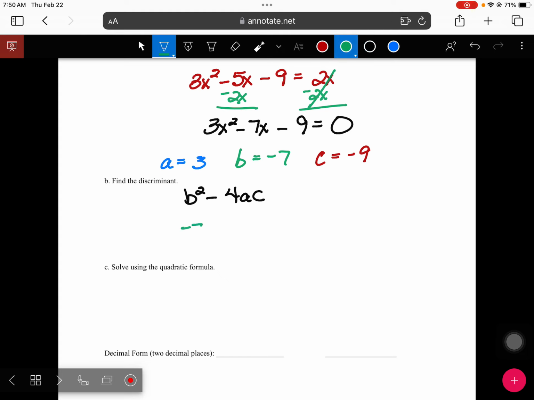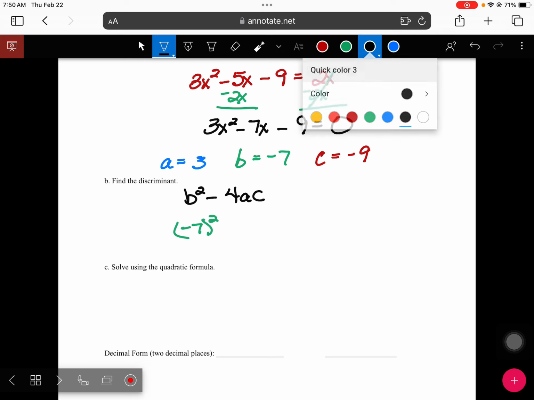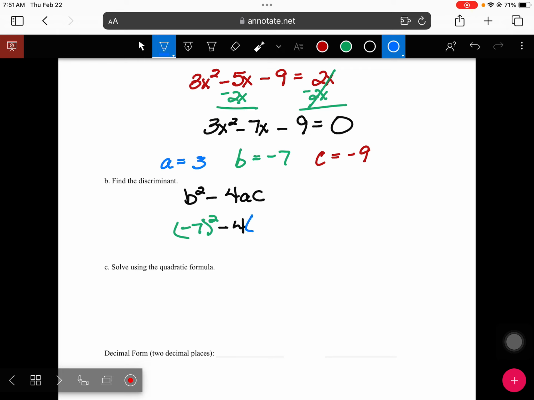B is negative 7 squared. Put that negative value in parentheses, and especially if you put it on the calculator, make sure you keep it in parentheses. Minus 4 times A, which is 3, times C, which is negative 9.